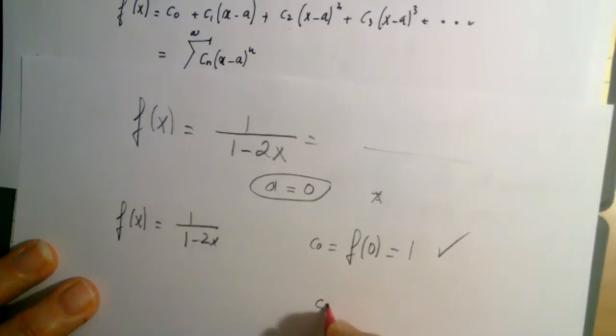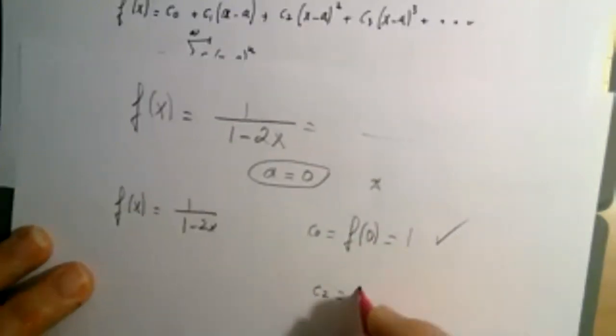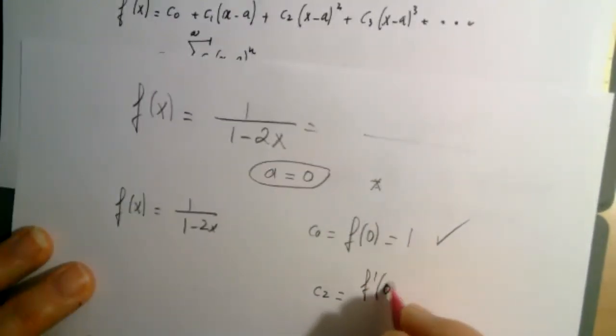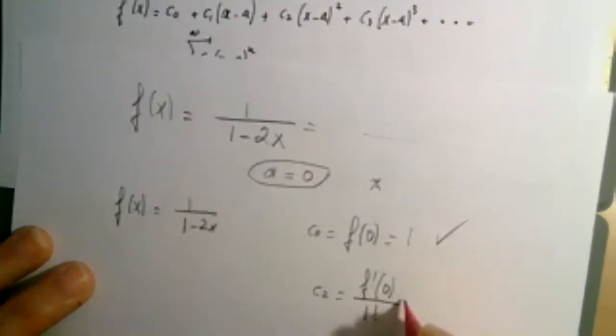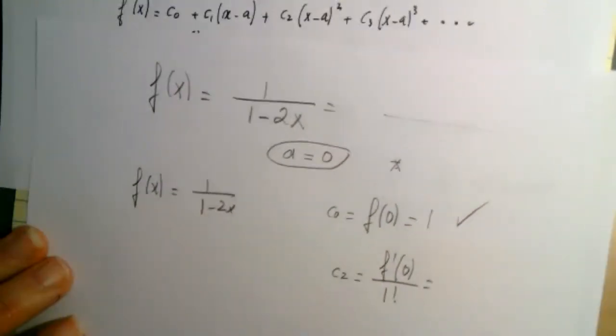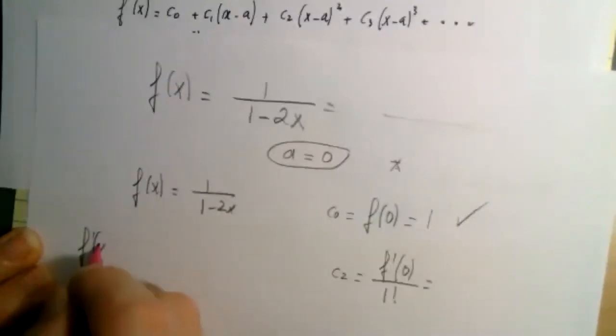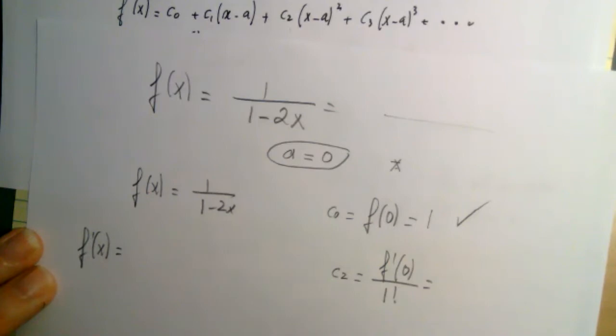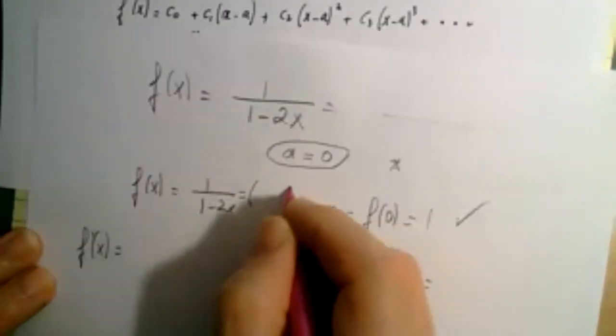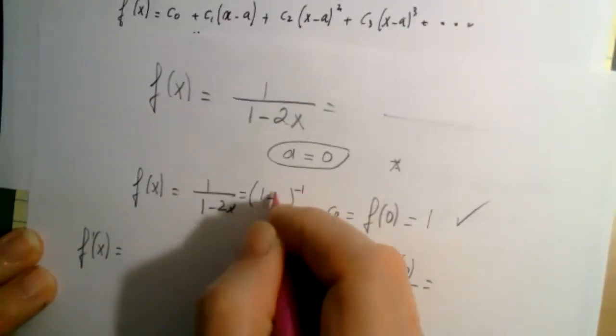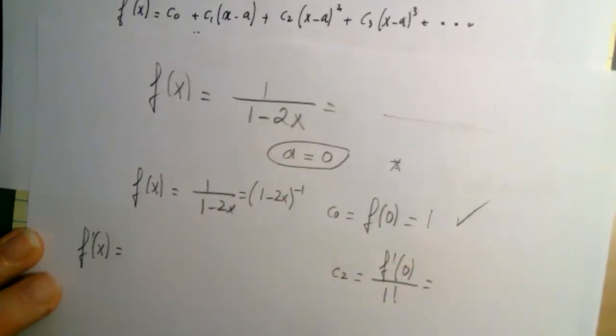Now, what is C1? This formula tells me that C1 is the derivative at 0 over 1 factorial. But what's the derivative at 0? So this is my f. I'm going to find its derivative. I'm going to take this function, raise it to the power minus 1, because that's the easiest way to find the derivative.